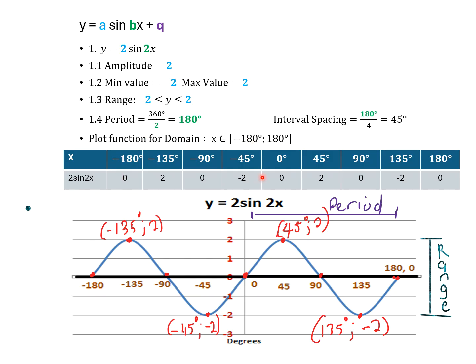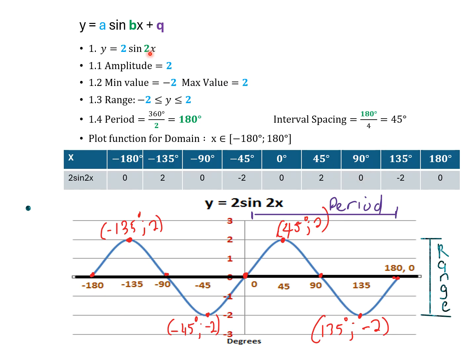If I put this in a calculator, sin of 2 times 0 is sin 0, times 2 gives me 0. Sin of 2 times 45 gives me sin 90, which is 1, 1 times 2 gives me 2. 2 times 90 gives me sin 180, which is 0, and 0 times 2 stays 0.